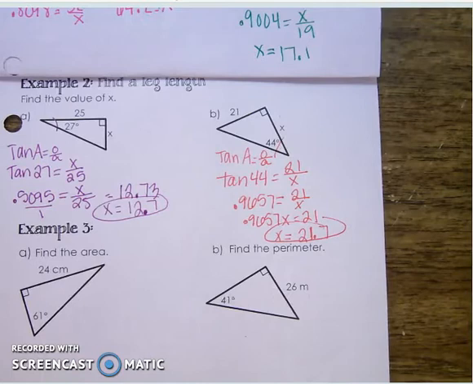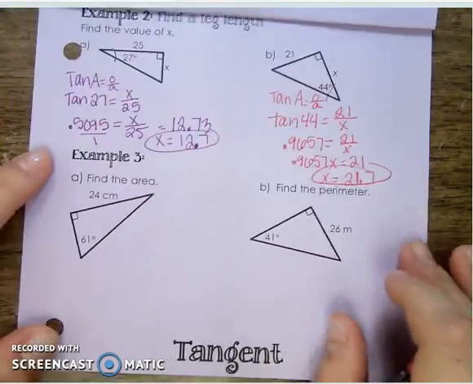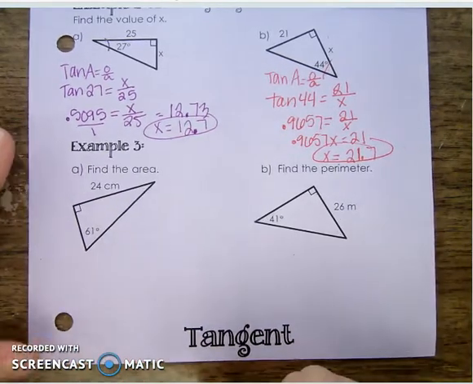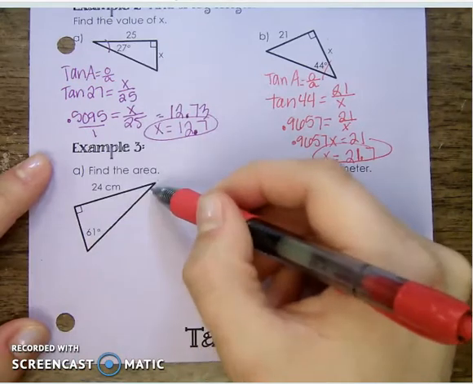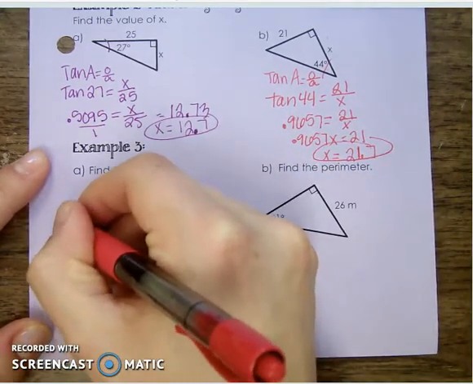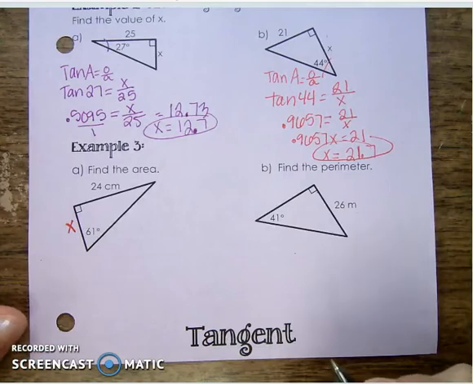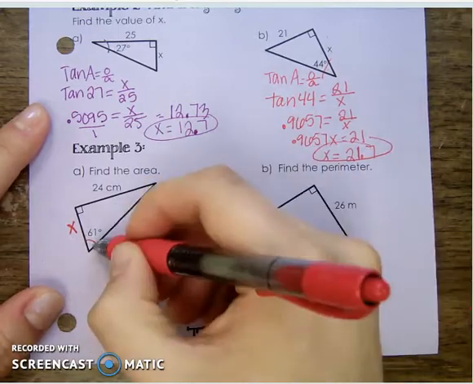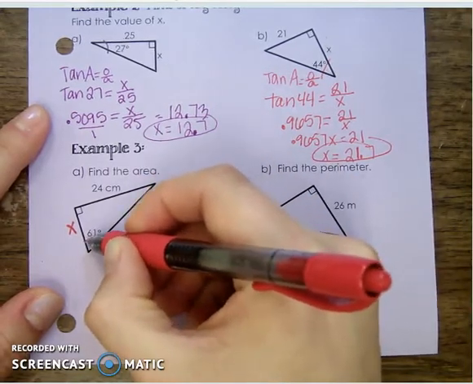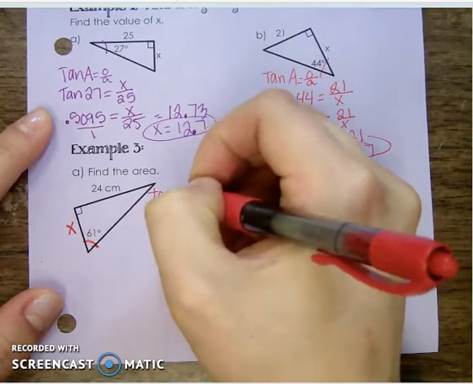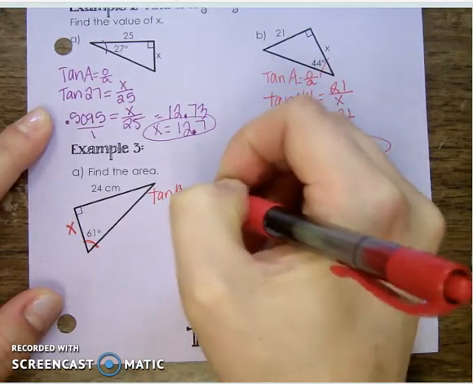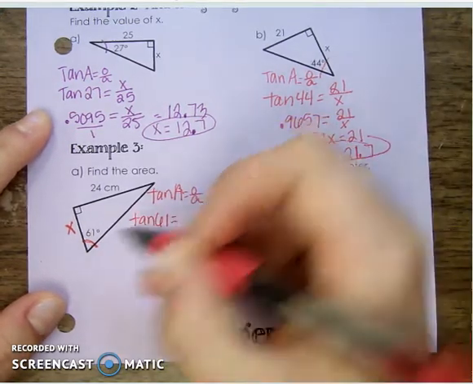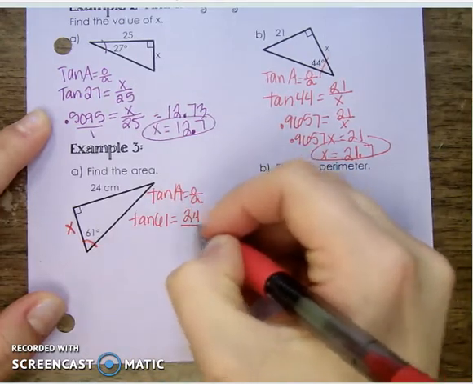Good. Now, in example 3 I want to find the area of this figure. Well, I know for the area of a triangle, I need the base and the height. So this is the other side that I'm going to need to look for before I can find the area. Okay, so I have my opposite and my adjacent. So I am going to use tangent of A. I have my tangent of 61 equals the opposite, 24, over x.